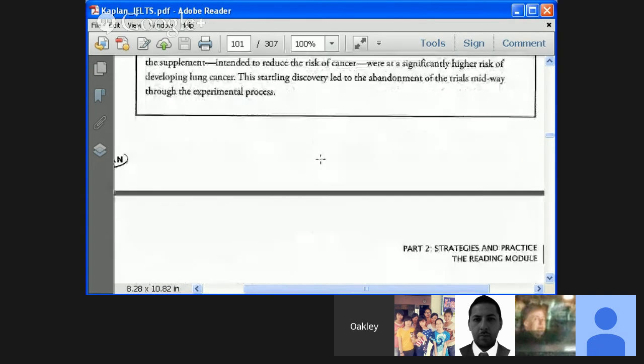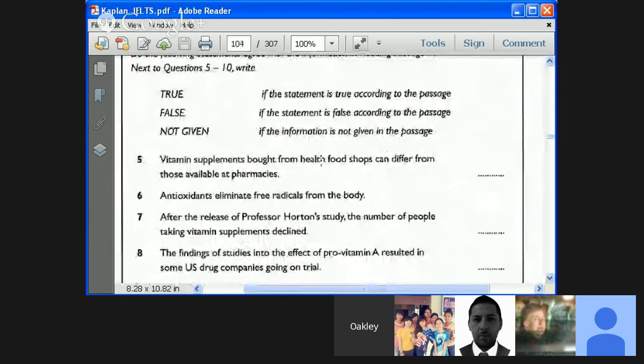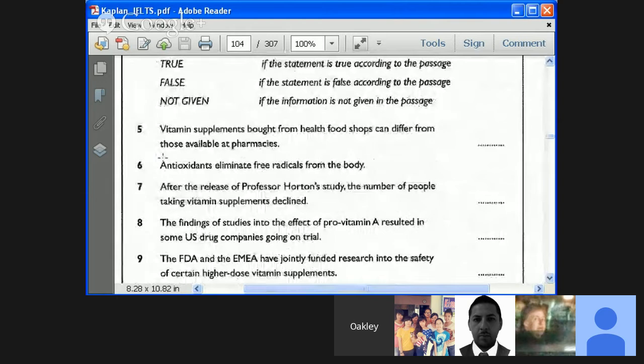So, would you say that's true, false or not given? True? But you said that it had if. So if that means just suppose and not true? No, it is true.